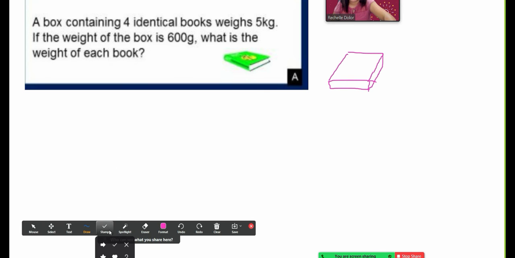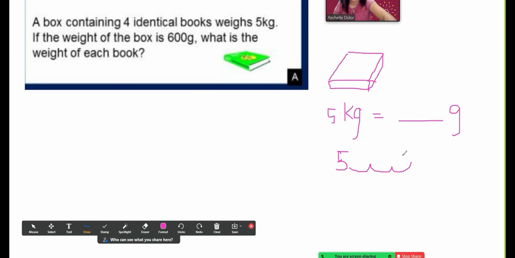So the whole thing, 4 identical books, so 4 books, right? So we need to convert 5 kilogram to gram. Remember, it is easy because 5 kilogram is 5,000 gram. So simply move the decimal point 3 times. So 1, 2, 3. If you didn't see that, you can go back to the ladder.